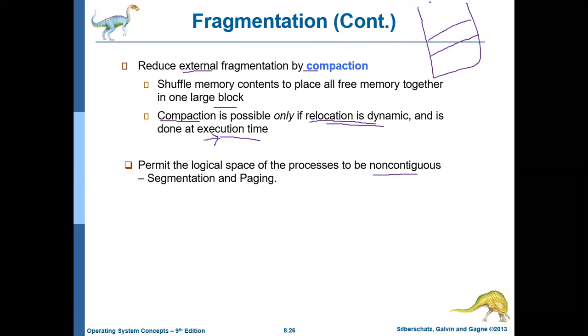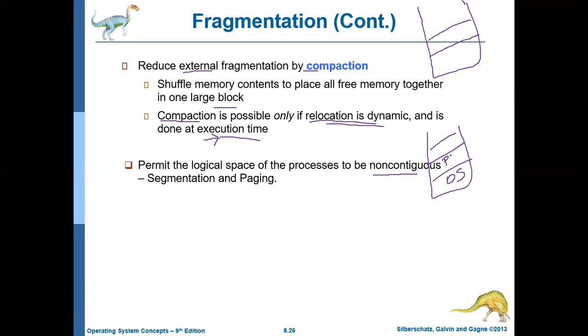Later there may be holes created, but initially when the memory is empty and only the OS is there, the remaining block is allocated contiguously. First P1, then P2, then P3, it goes on that way.